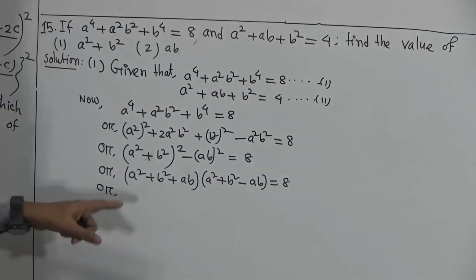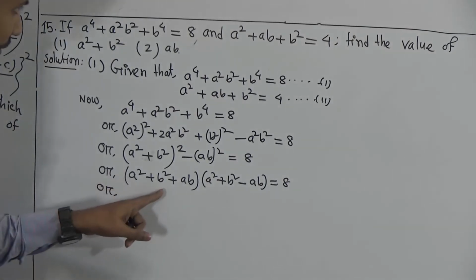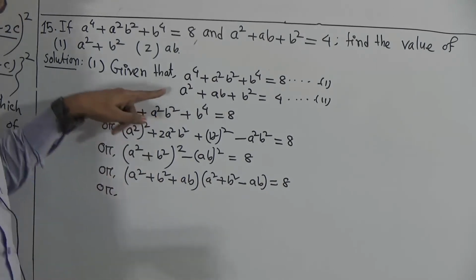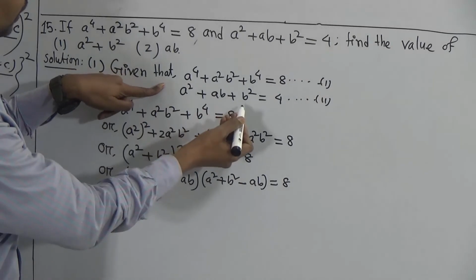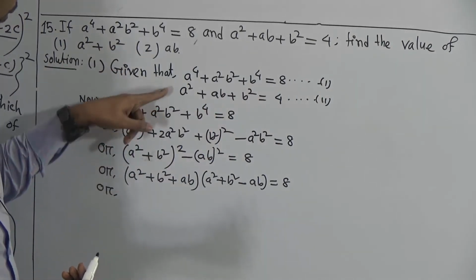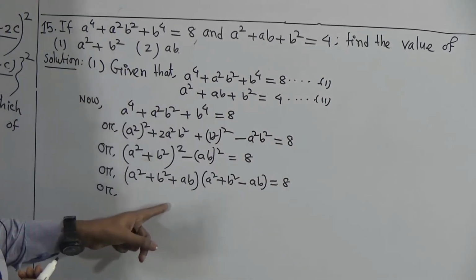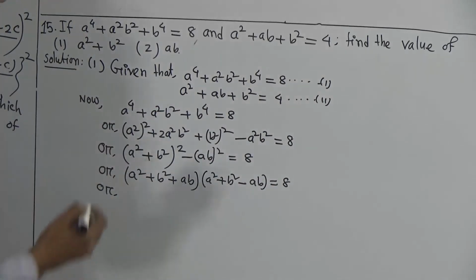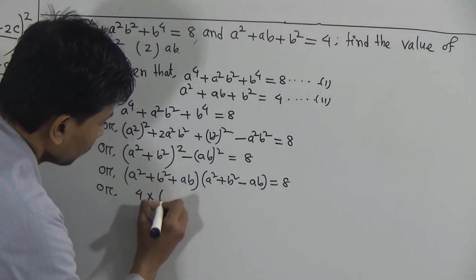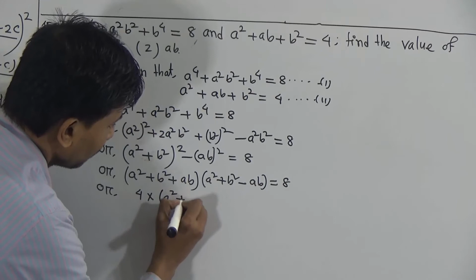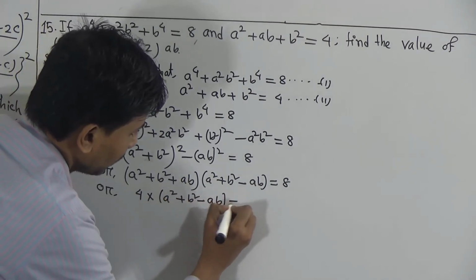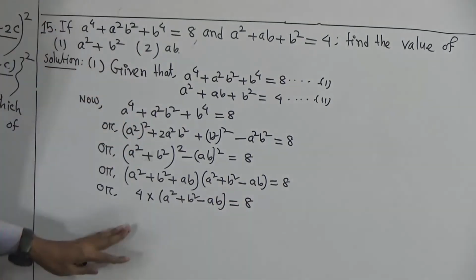The value of a square plus b square plus ab equals 4, since a square plus ab plus b square equals 4, the same as equation 2. So we put the value 4. 4 times (a square plus b square minus ab) equals 8.